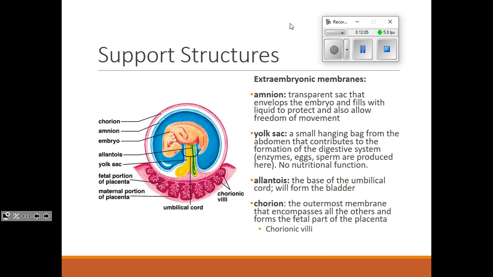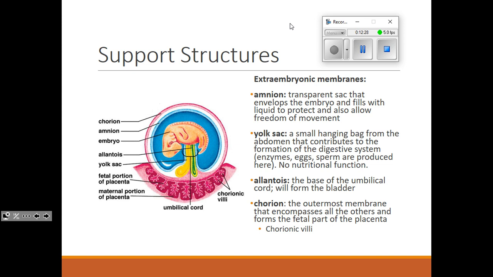Then there is a structure called the yolk sac. It is yellow here. It looks like a tiny bag hanging from the abdomen. It will contribute to the formation of the digestive system in terms of enzymes, and eggs and sperm that are part of the reproductive system as well.